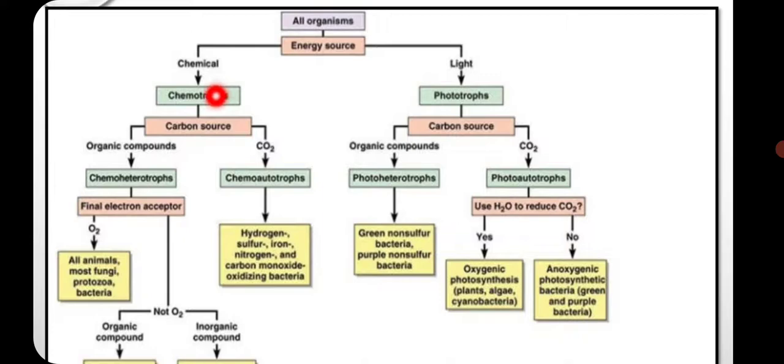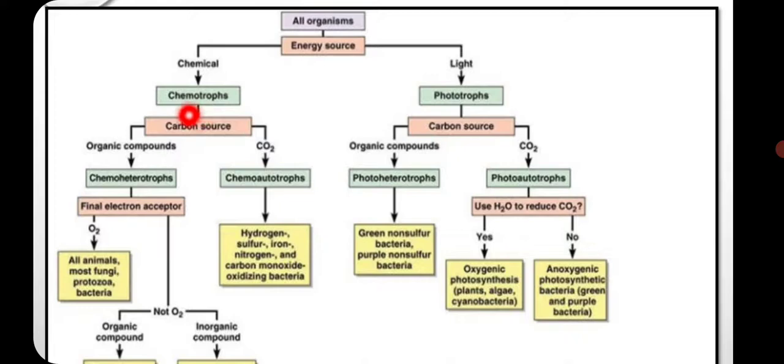They gain energy from chemical compounds and cannot carry out photosynthesis. The opposite are the phototrophs. They use light as an energy source. Photo stands for light, so they are dependent on light.